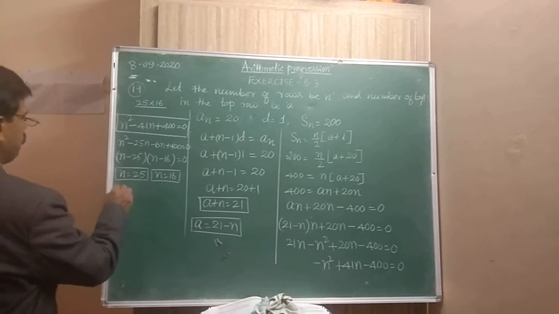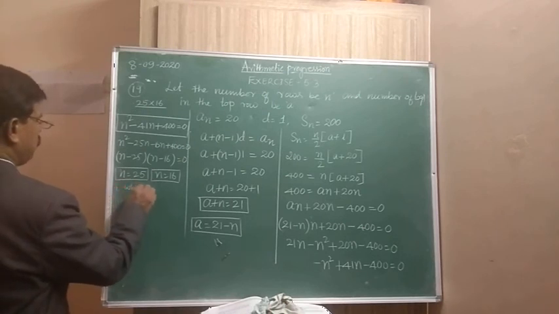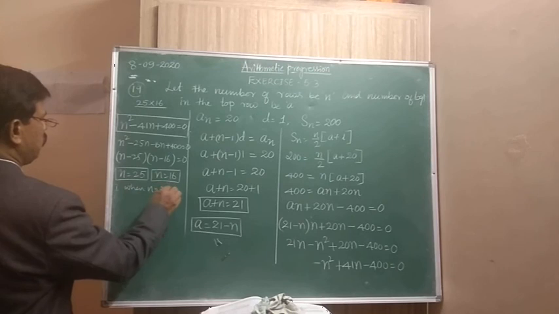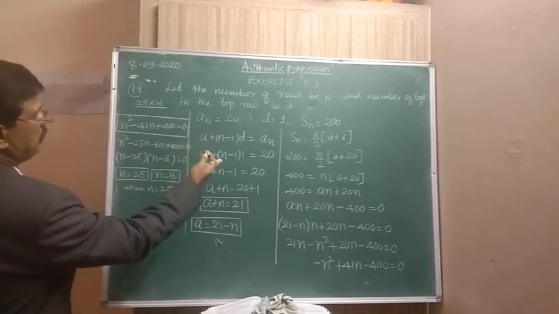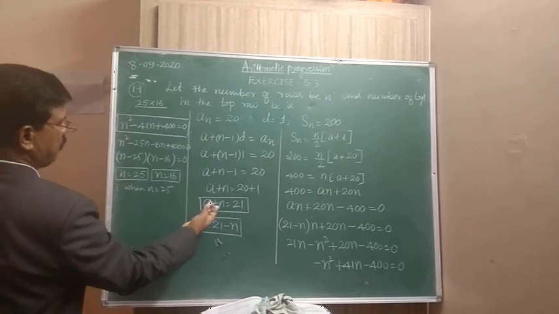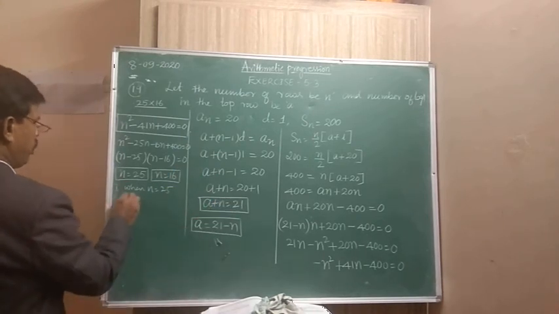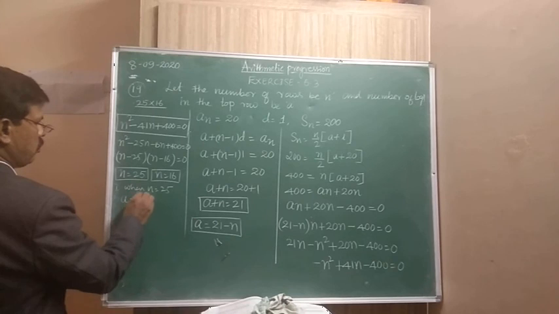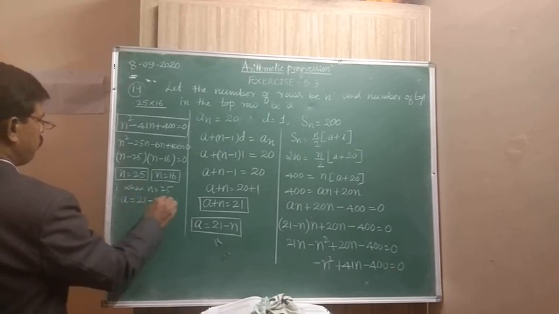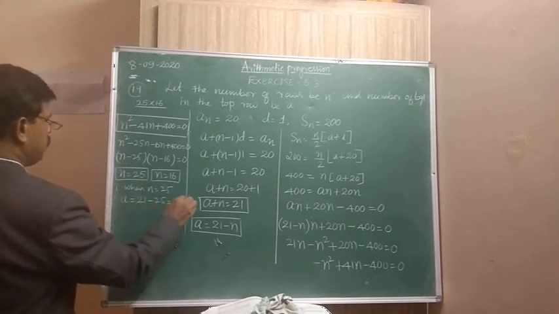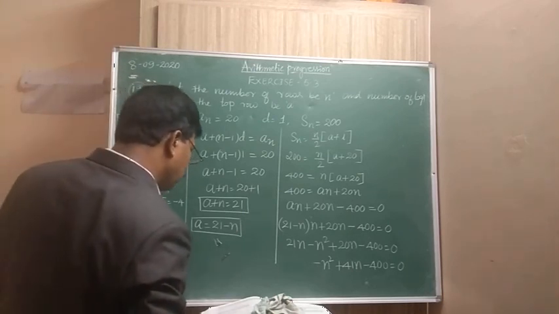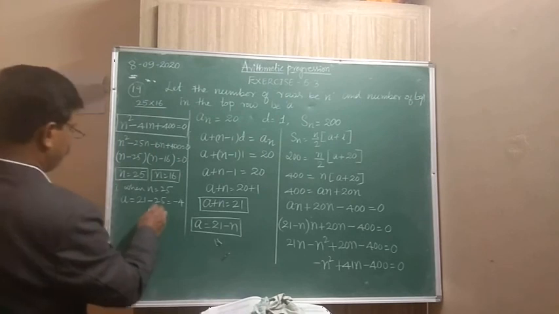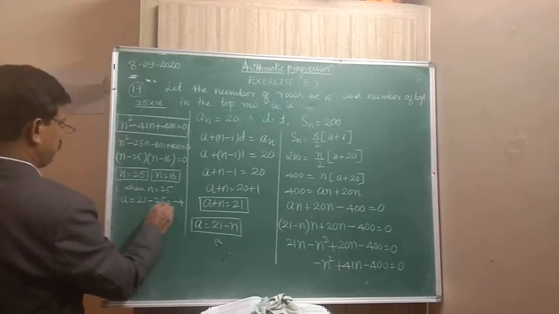So first case, when n is equal to 25, then from a plus n is equal to 21, a is equal to 21 minus 25 equals minus 4. Is minus 4 accepted? No, this is rejected.